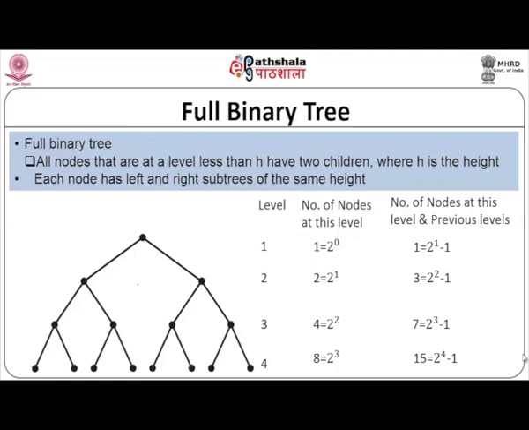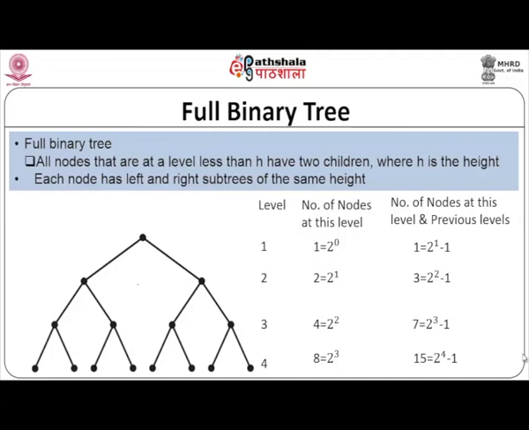The number of nodes at level 1 is 1, because it is 2 to the power of 0. At level 2 it is 2, at level 3 it is 4, that is 2 to the power of 3 minus 1, that is 2 to the power of 2. Why 3? Because the level is 3. At level 4 it is 2 to the power of 4 minus 1, 2 to the power of 3, that is 8.